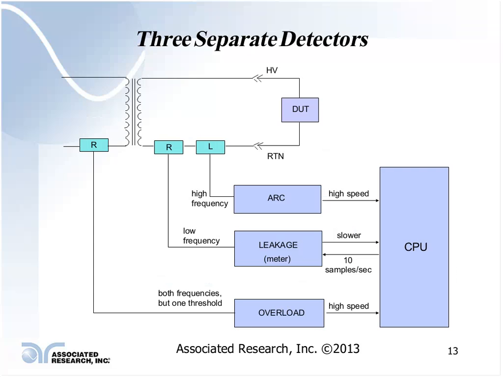Okay. We talked about these different detection networks. This shows you at least three of the separate networks: the arc detector, the leakage detector, and the overload detector. Some of these things operate at different speeds. The arc detector looks at high frequency noise that is generated. So it's what we call a high pass filter.